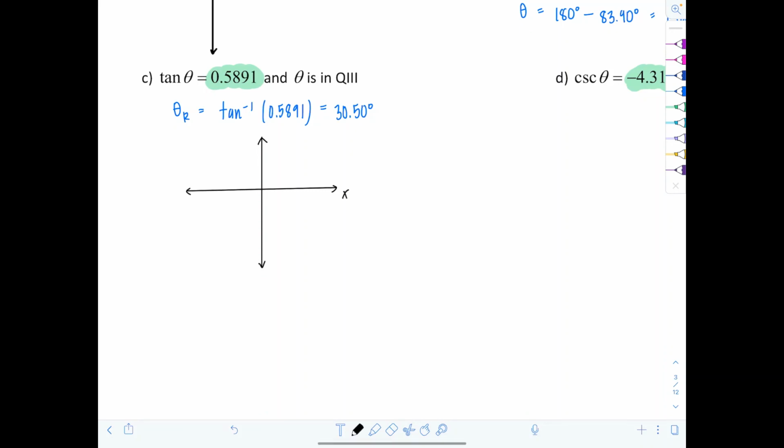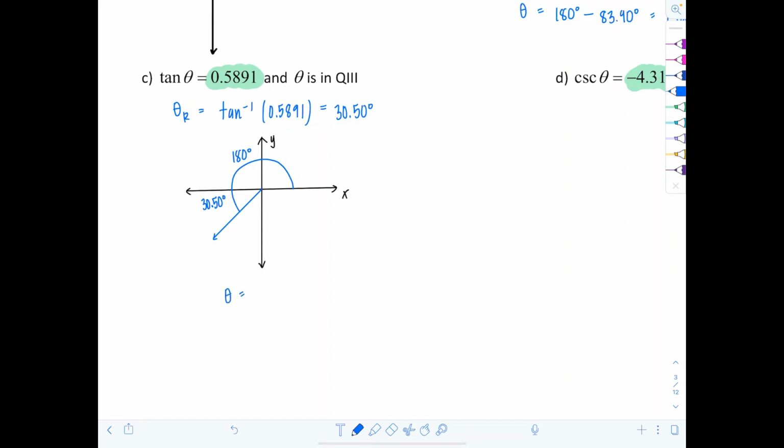So here's the positive x-axis, here's the positive y-axis. Start here. All the way to the other side is 180, and then we're going to go a wee bit more. How much is a wee bit? In this case, 30.50 degrees more. That way the terminal side is going to be in quadrant 3. So this is 180 and another 30.5.